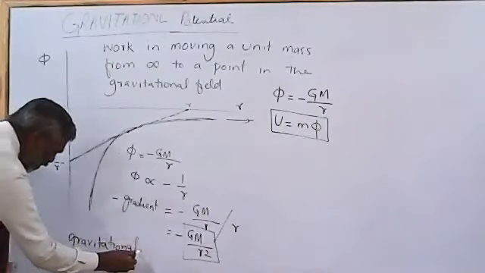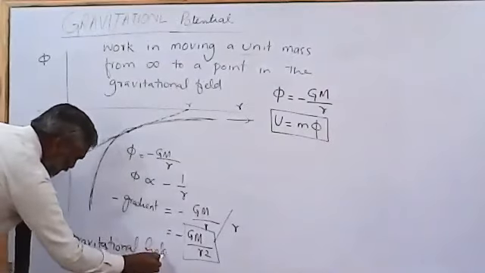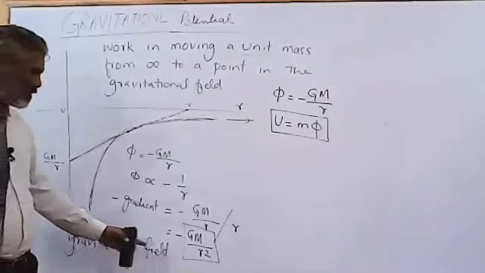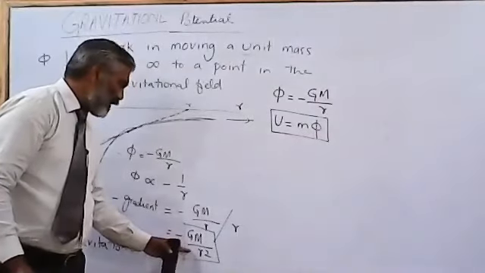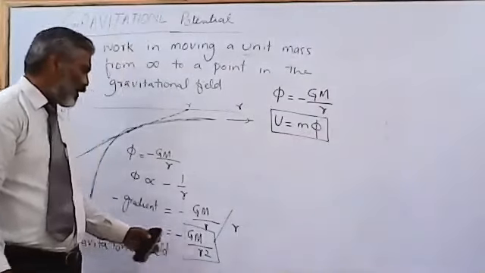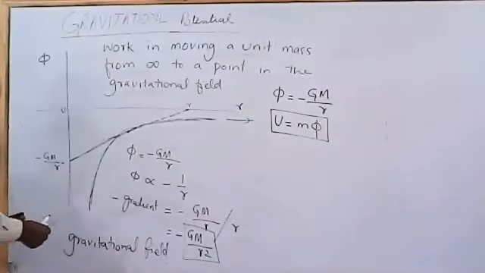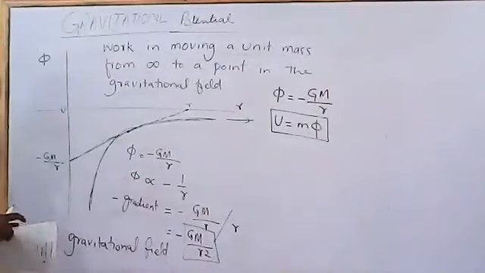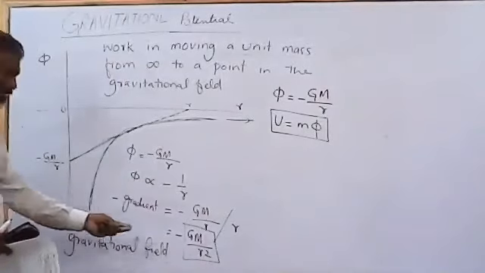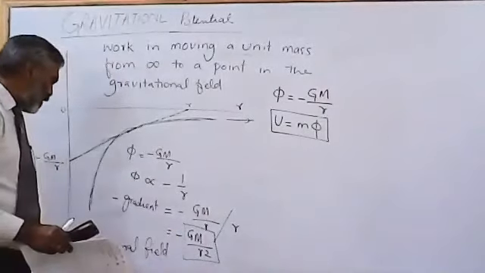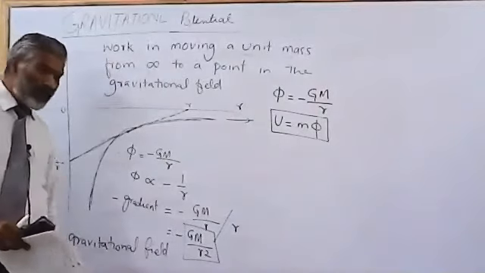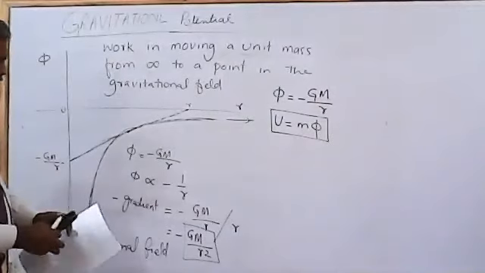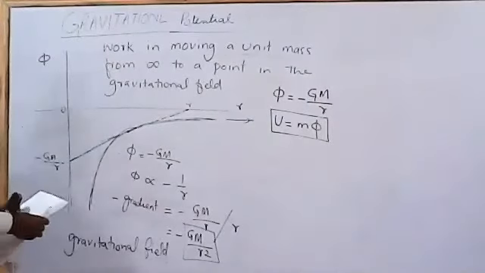So gravitational field is equal to the negative gradient of gravitational potential. Why this negative here? Why not gravitational field is equal to GM over r square? This negative again has a significance.